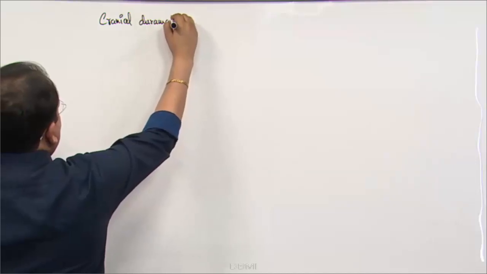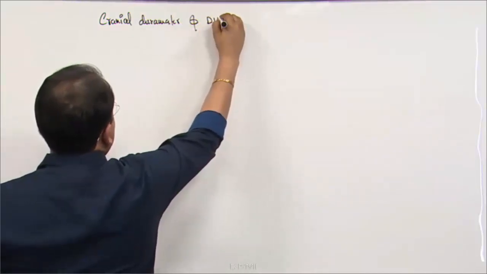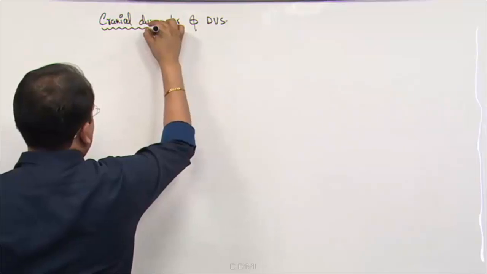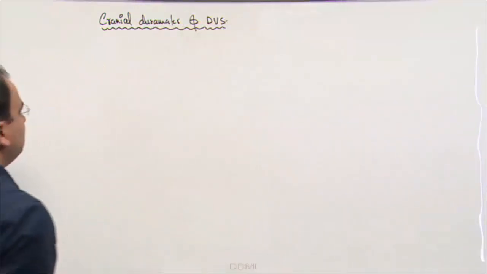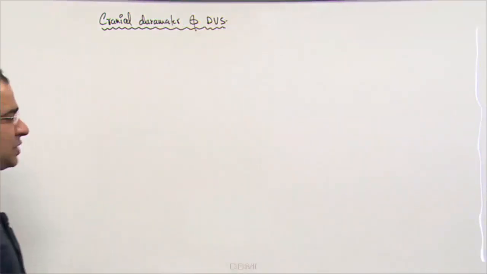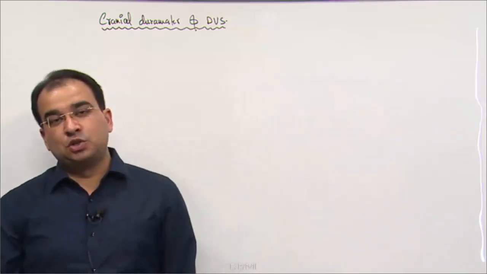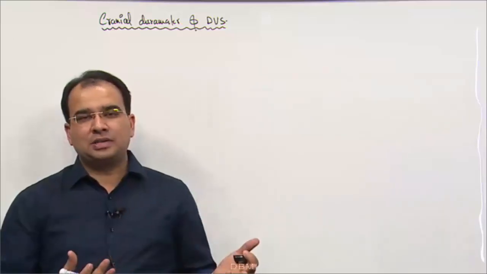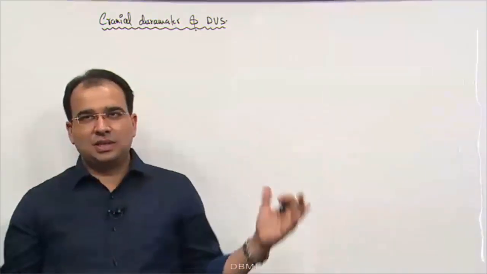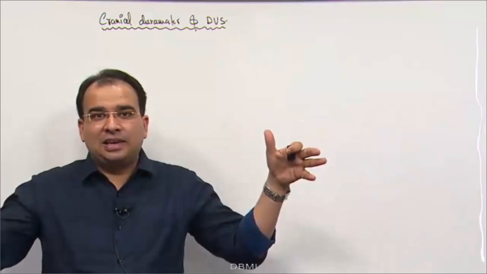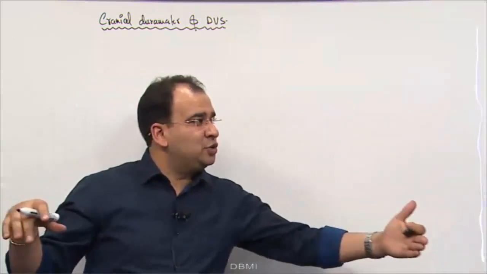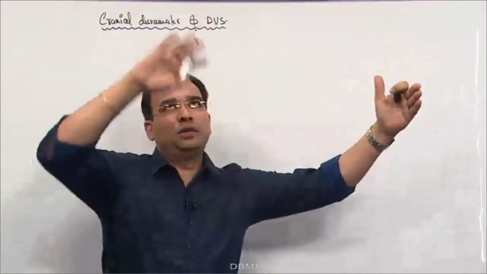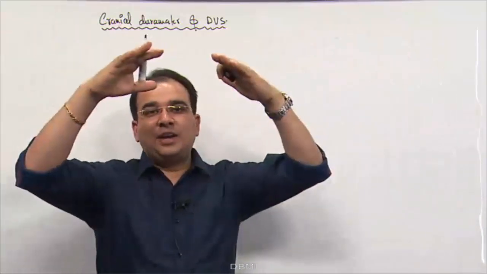cranial dura mater and dural venous sinuses. What is special about the cranial dura mater, which is not present in the spinal dura mater? The special thing about cranial dura mater is the two layers. If let's say the studio is a cranial cavity and I'm standing inside the cranial cavity, there is one layer of the dura mater which is along the wall and the roof and the floor, and that is called the endosteal layer.